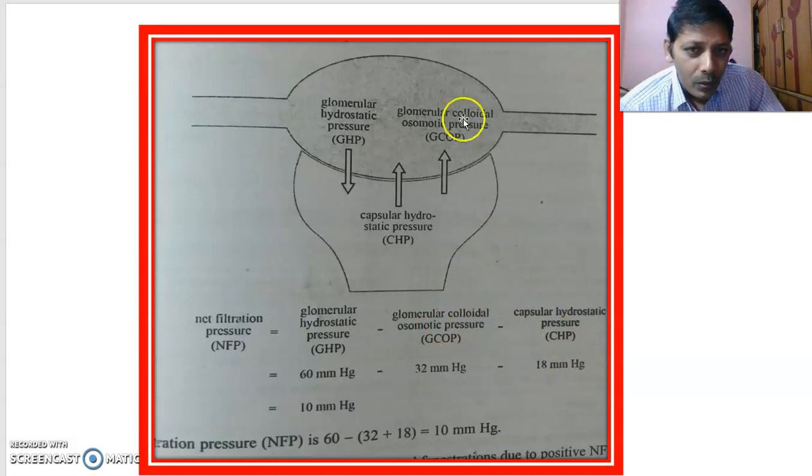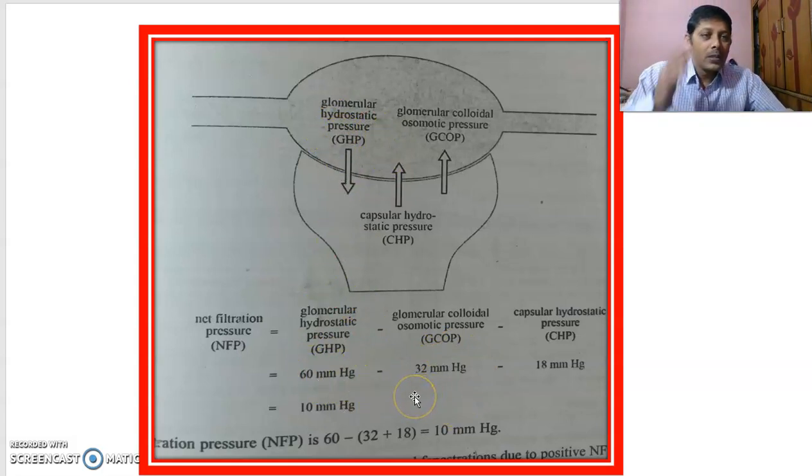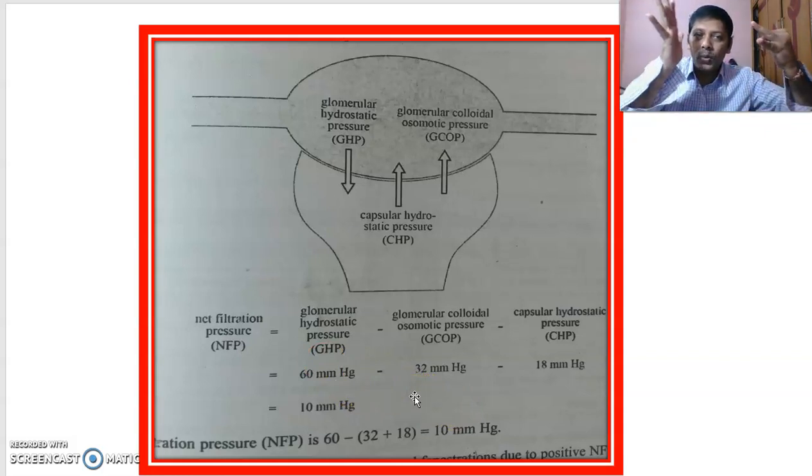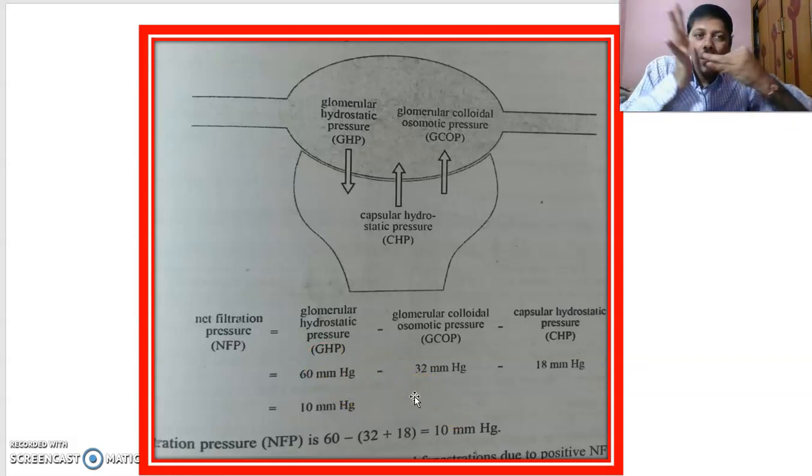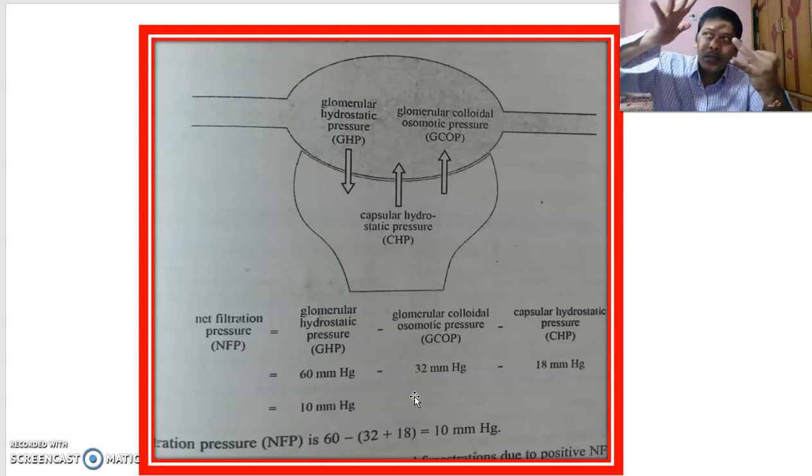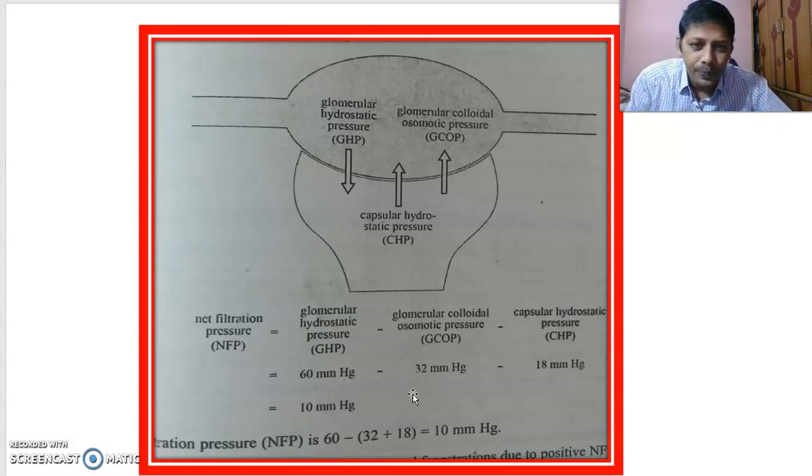The glomerular colloidal osmotic pressure is 32 mmHg and the glomerular hydrostatic pressure is 60 mmHg. These two are opposing pressures. As this pressure is greater than these two pressures, blood is filtered.